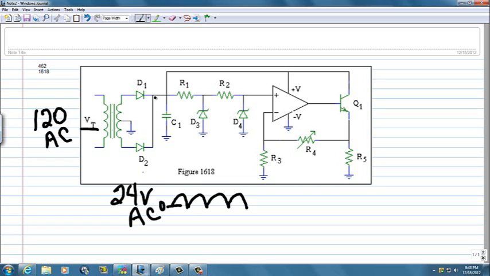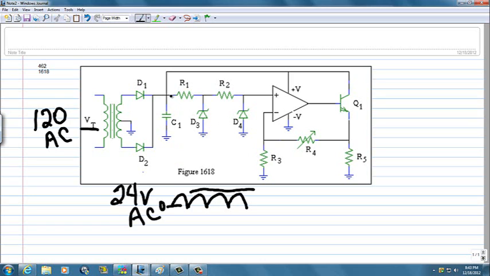The voltage would be that at this point if it weren't for the capacitor. The capacitor will smooth out these bumps and make DC. Ideally, there will be a DC voltage here because of primarily the capacitor smoothing out the full wave rectified signal.